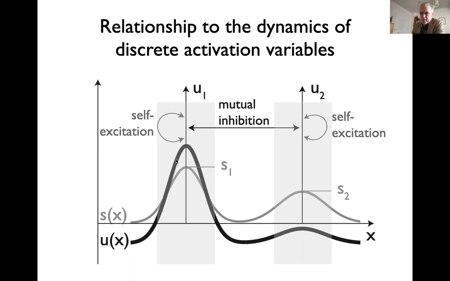And then the inhibition would be because neurons in this region would be inhibitory coupled to neurons in that region and vice versa. So if I represent the whole region by individual activation variables, that would amount to a mutual inhibition between those variables.